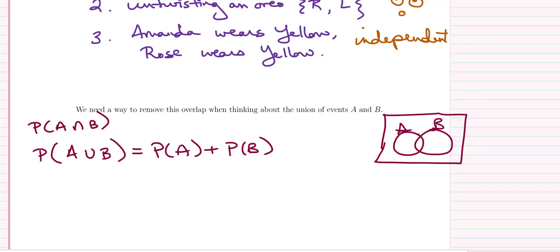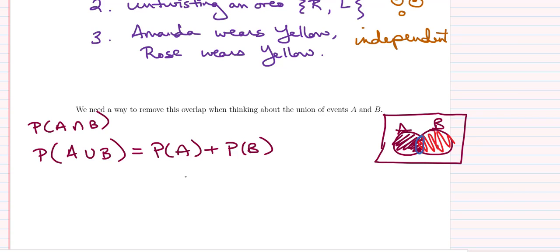If we want to know whether A or B occurs, and we add these two together, so here's the probability of A, and here's the probability of B. What's happening is that we're counting this twice.